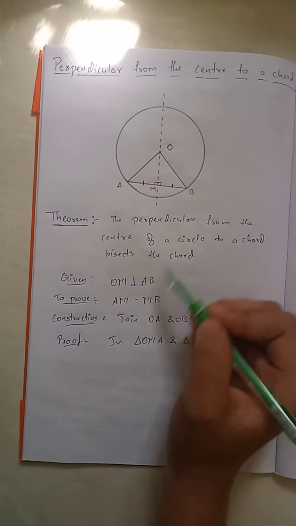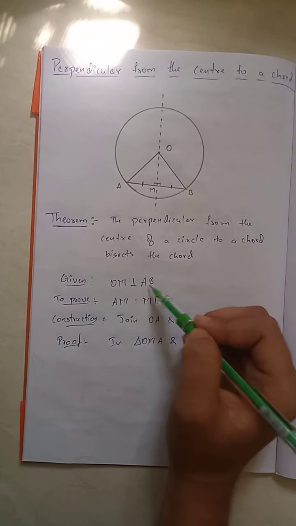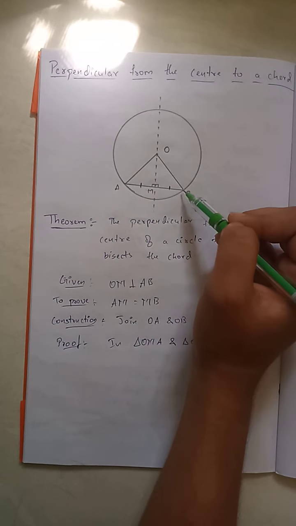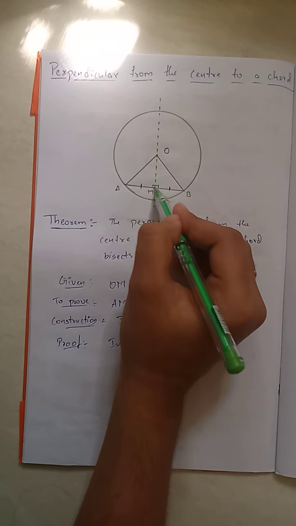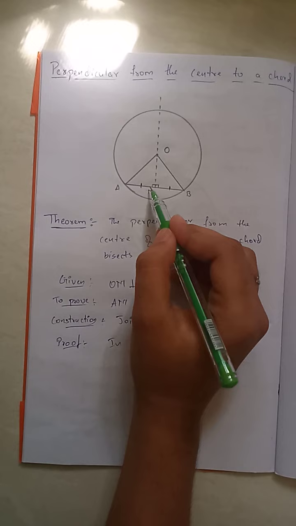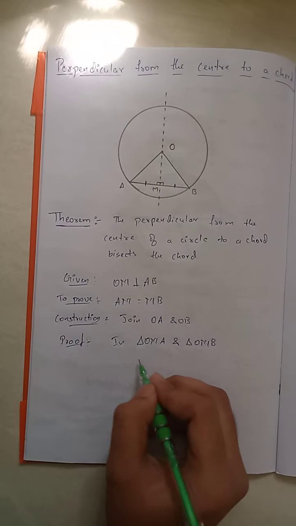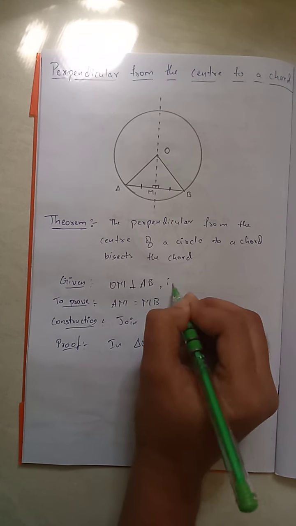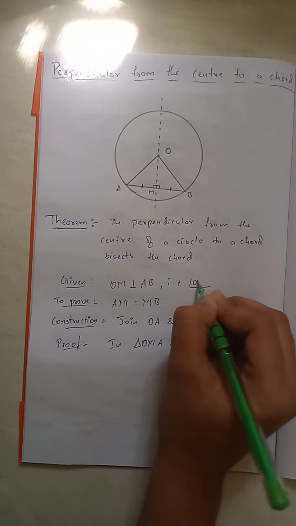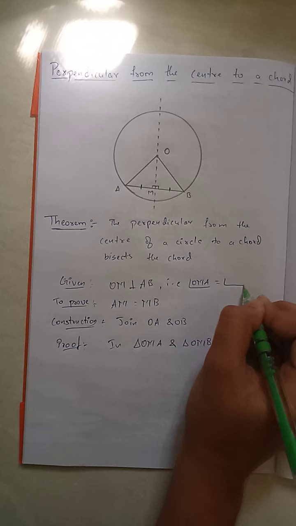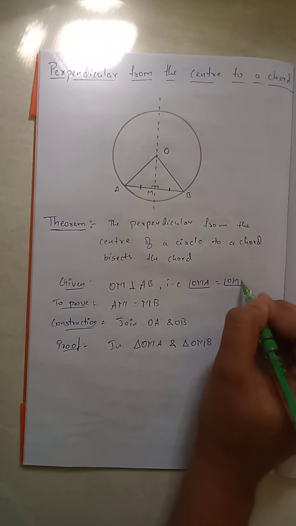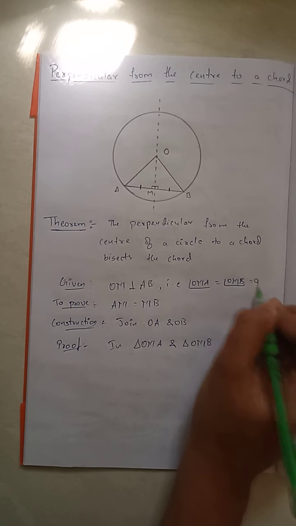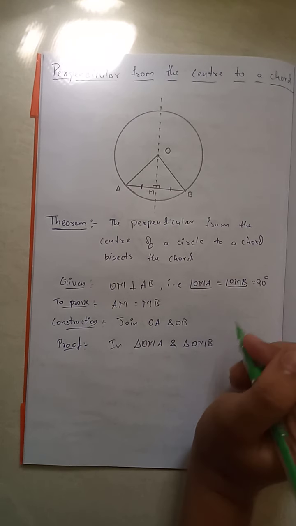Here, if OM is perpendicular to AB, the angle formed here is 90 degrees, so these two angles will be equal. We can even mention in the given that angle OMA is equal to angle OMB, where these two angles are equal to 90 degrees.